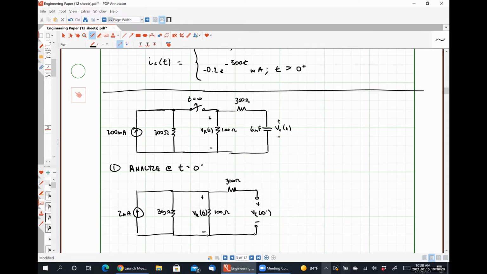So how can I figure out what either of those quantities at t is equal to 0 minus should be? Just wondering, could you possibly do a source transformation on the left side, and since that would be in parallel with the VR, or no?